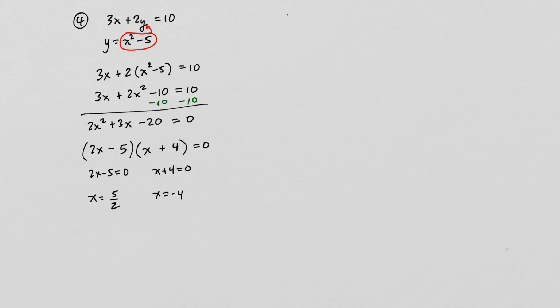Then, just like before, we'll take those values and plug them into this equation here to find our corresponding y value. When x is 5 halves, well, that's kind of ugly, isn't it? It's 25 fourths minus 5, which is the same as 20 fourths.